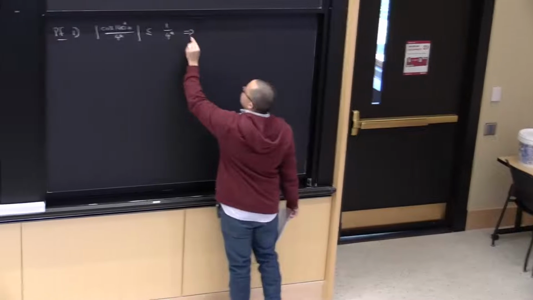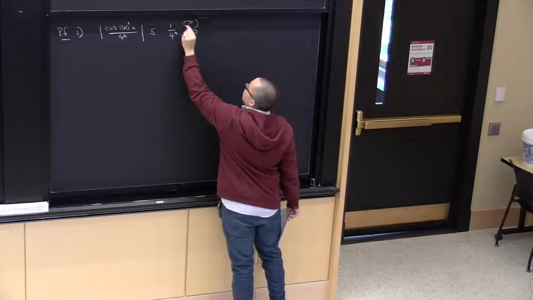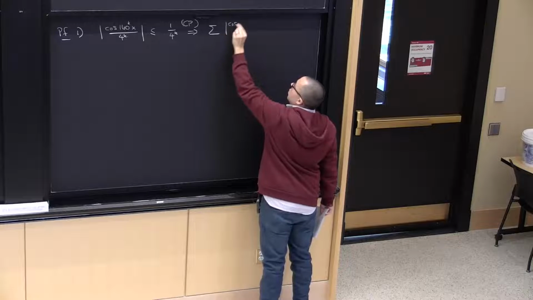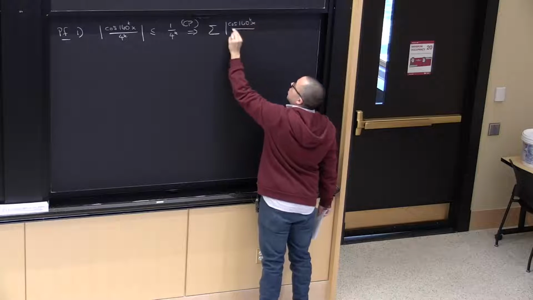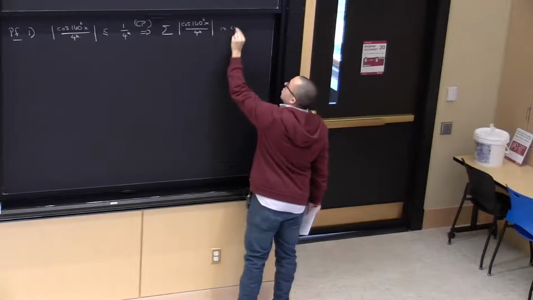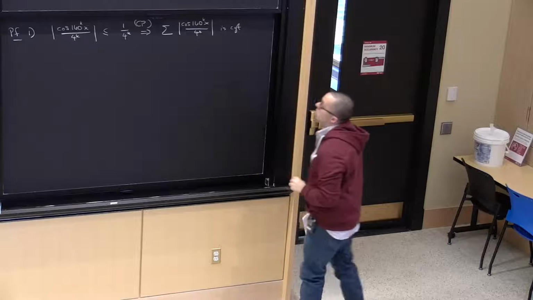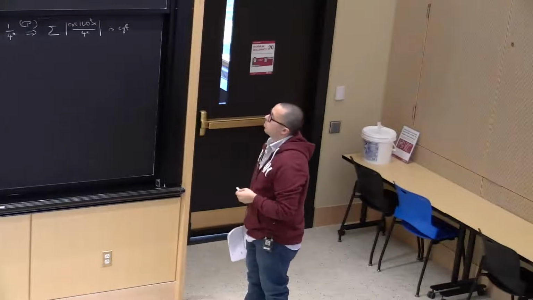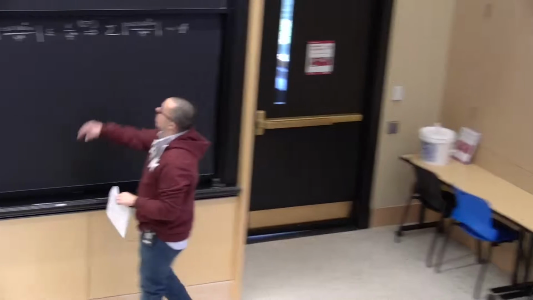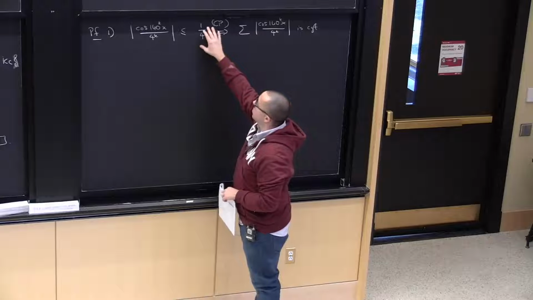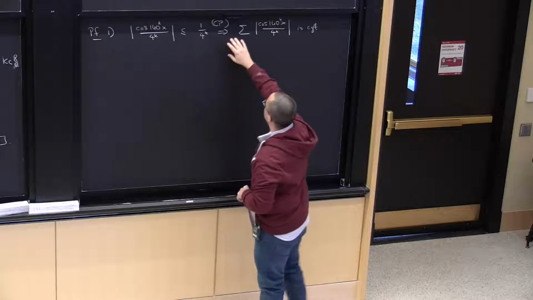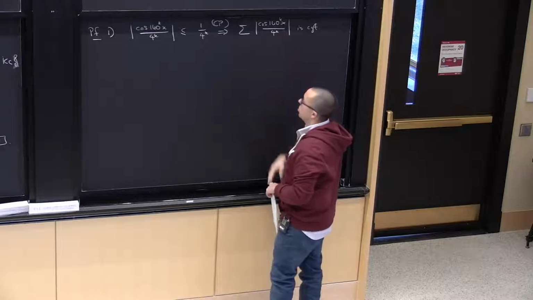And therefore, by the comparison principle, this series is convergent, and therefore the original series is absolutely convergent. Okay? So each of these is bounded by 1 over 4 to the k. This series converges. This is a geometric series. Therefore, by the comparison principle, this series converges.